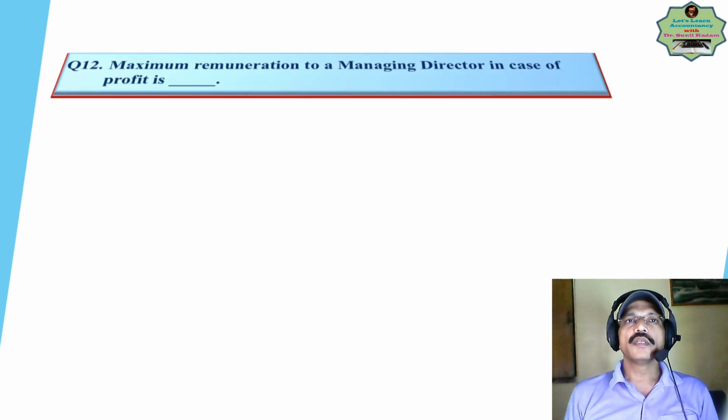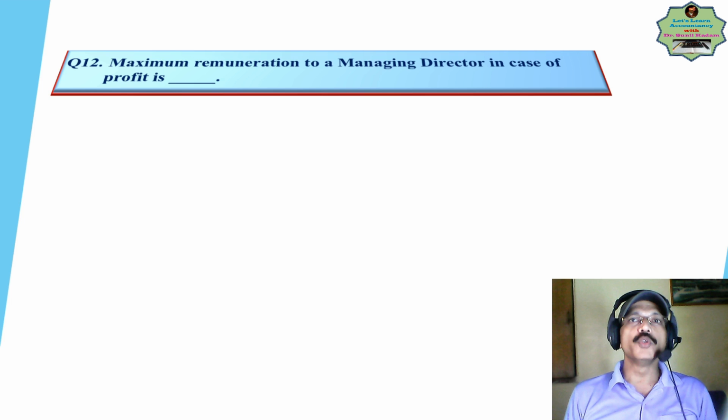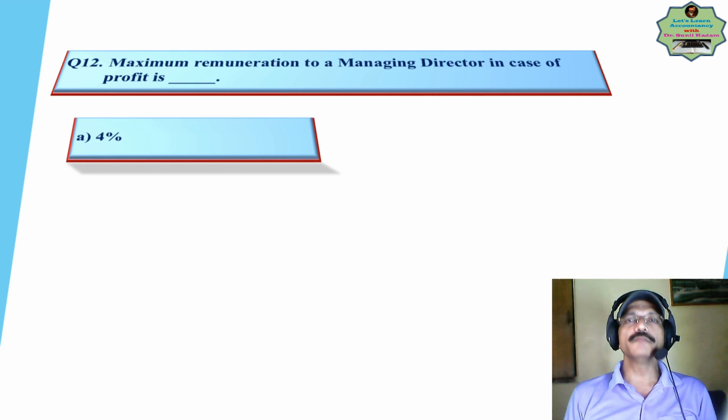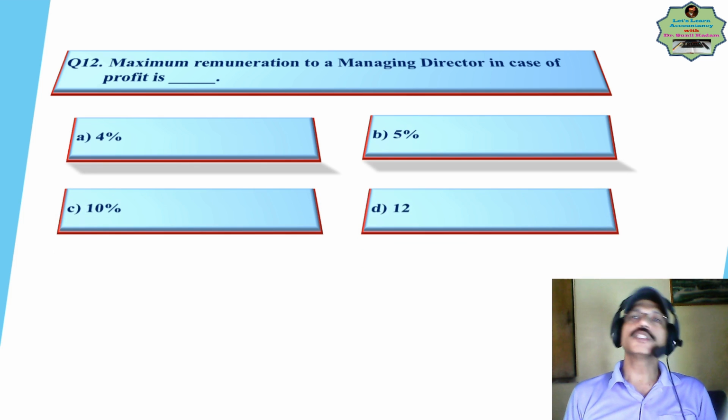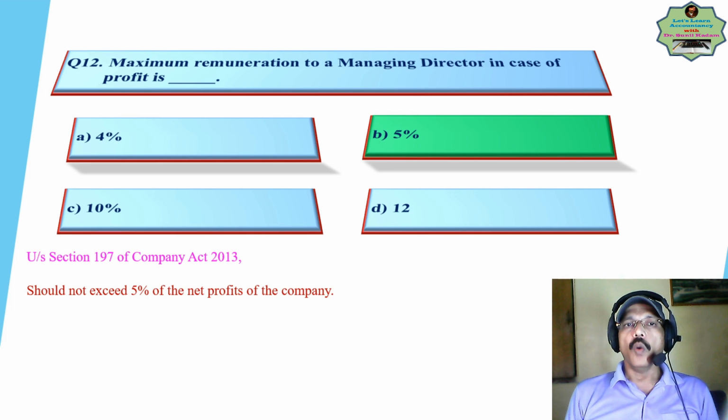Number 12, maximum remuneration to a managing director in case of a profit can be at a maximum limit. That is what is important. 4%, 5%, 10%, or 12%. So the correct answer here is 5%, because Section 197 of the amended Companies Act talks about this limit.